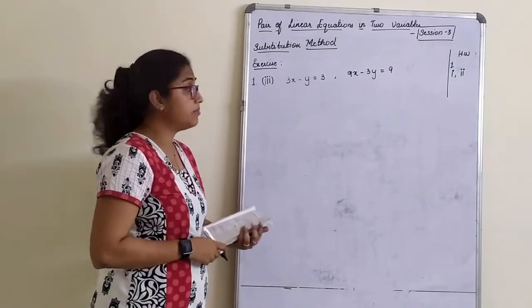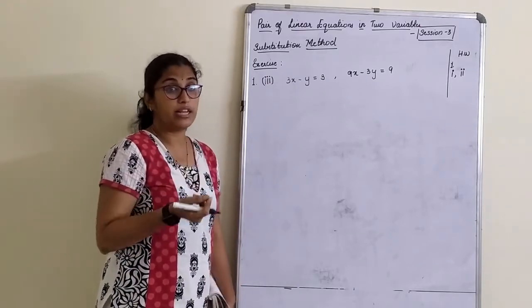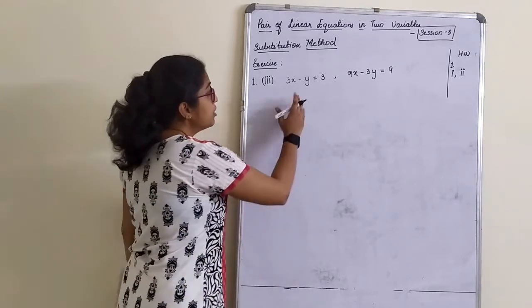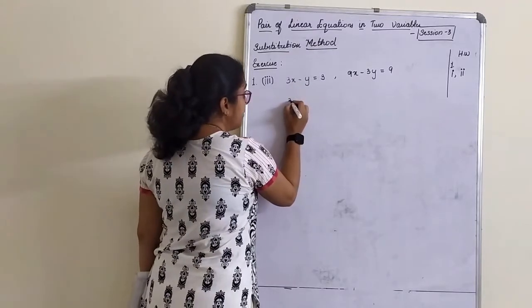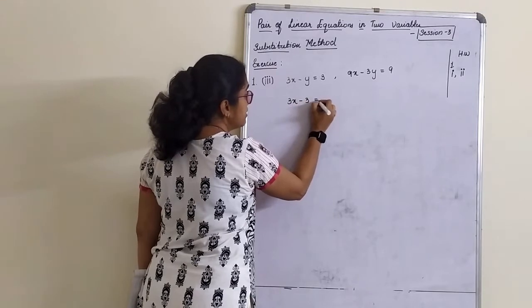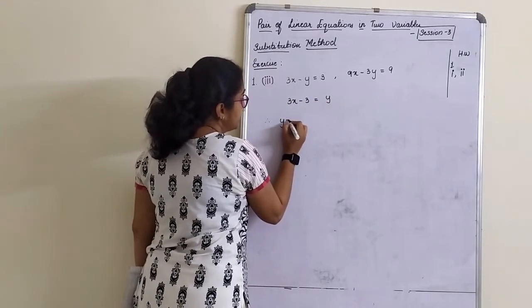What is the substitution method? What we exactly do is we substitute either the x value or the y value, depending upon whichever is easy. I think here the y value will be much simpler.